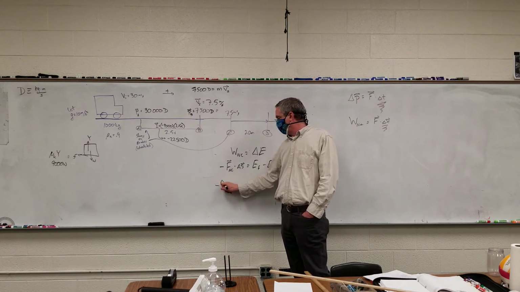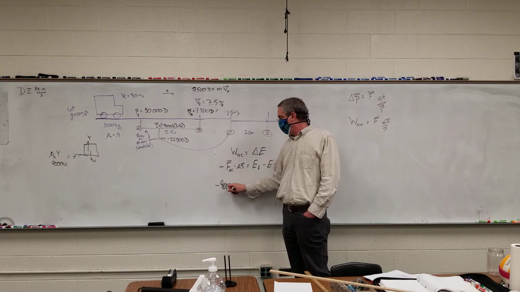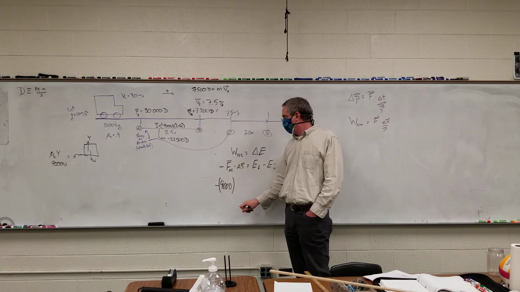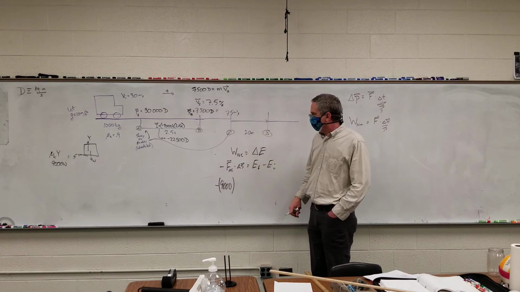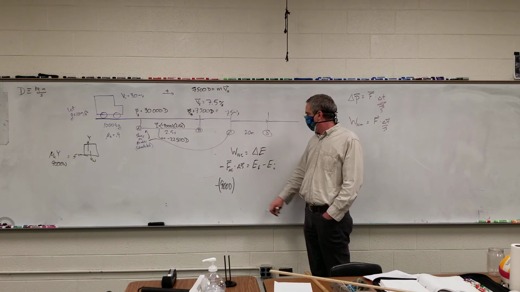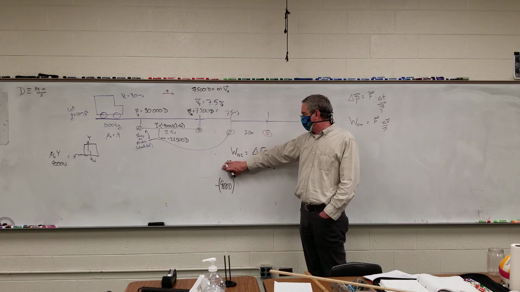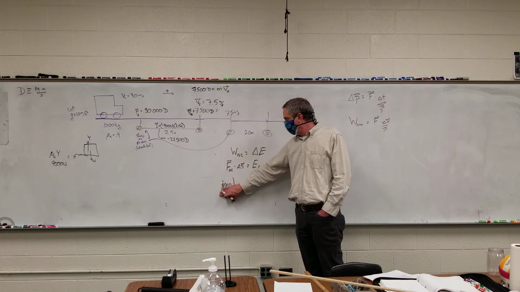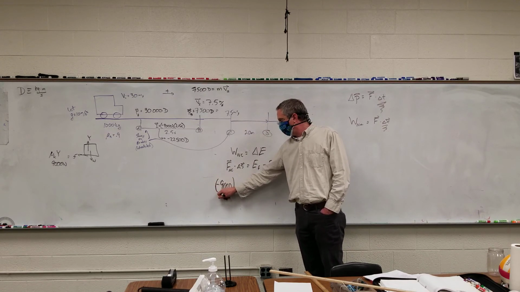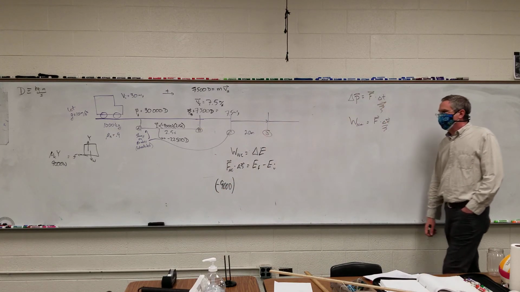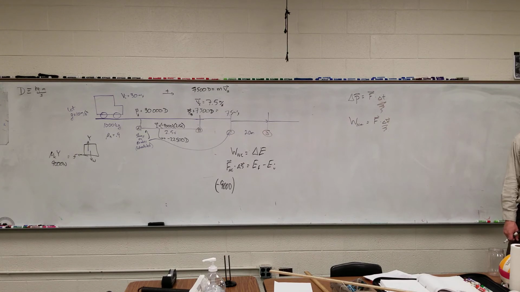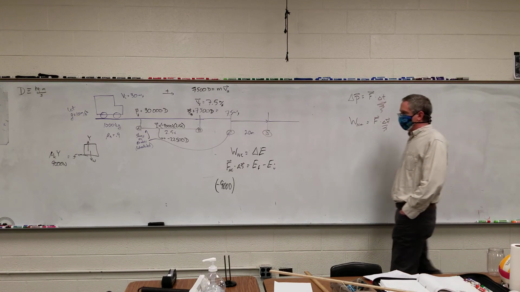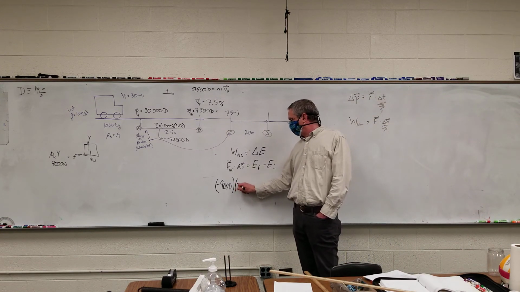I know my force is 9,000. Oh yeah. Actually, that minus sign really should not be there. It should be there. I anticipated the negative and I threw it in too soon. Times 20.